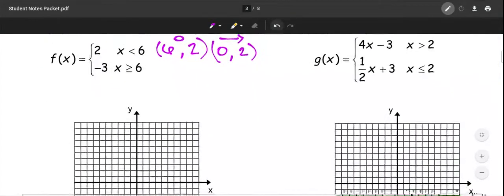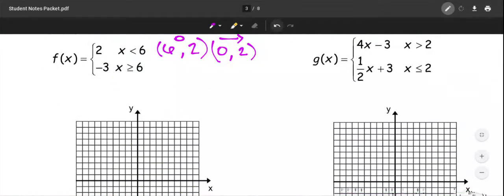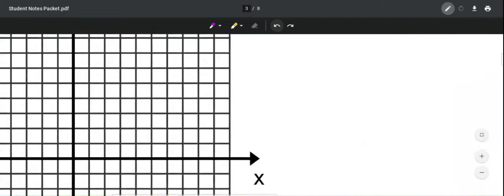So now when I graph, I go 6 and up 2, and that is going to be my open circle. 1, 2, 3, 4, 5, 6, and up 2. That's going to be my open circle. I'm going to zoom in a little bit so I can maybe do a better graph.